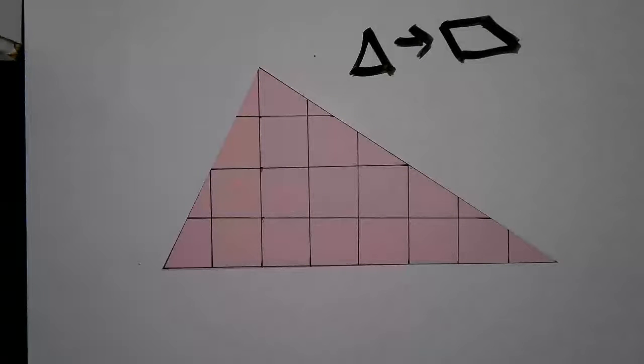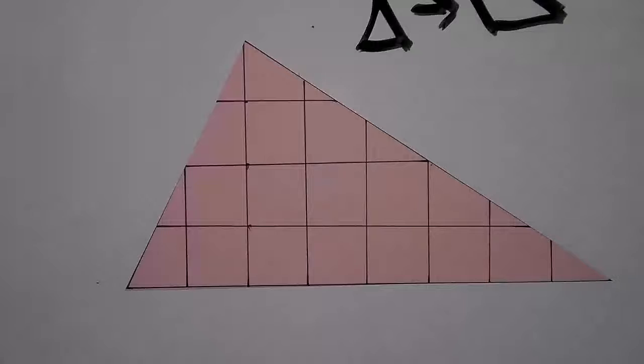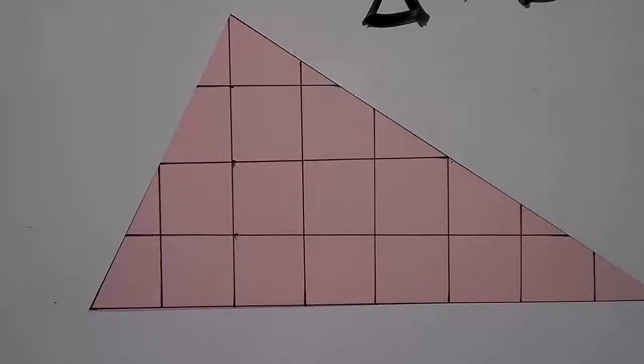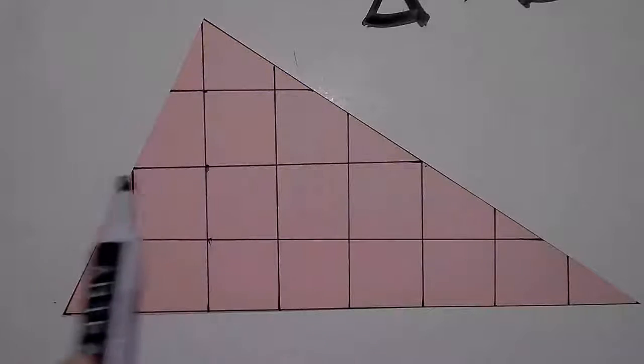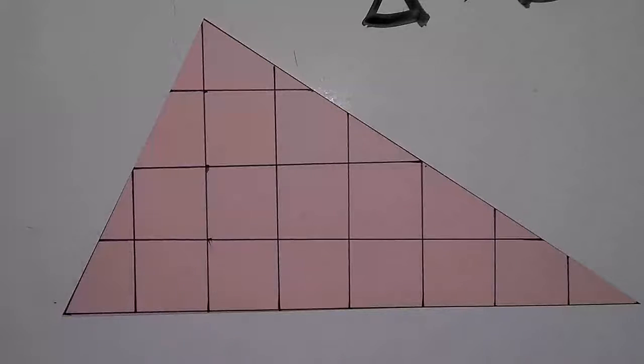Well, the first thing I need to notice about this triangle, and it's a little bit easier to notice this closer up, is that if I'm going to make this into a rectangle, I want to make it as easy as possible for me to do that. So the first thing I want to do is think about where I can cut this triangle into pieces to start forming a rectangle.